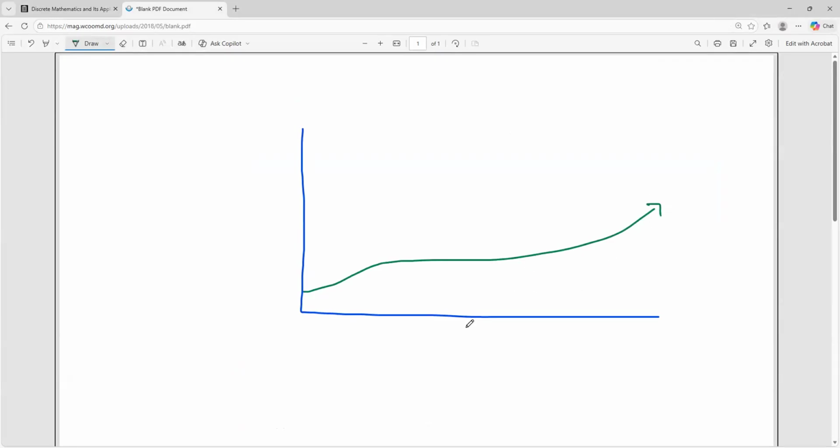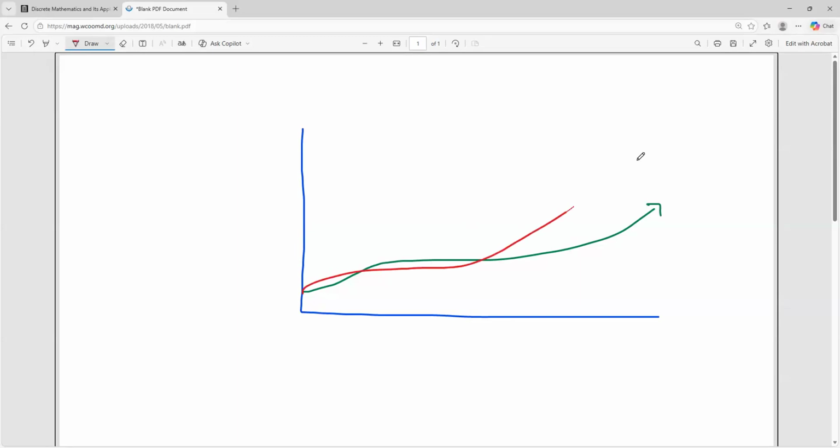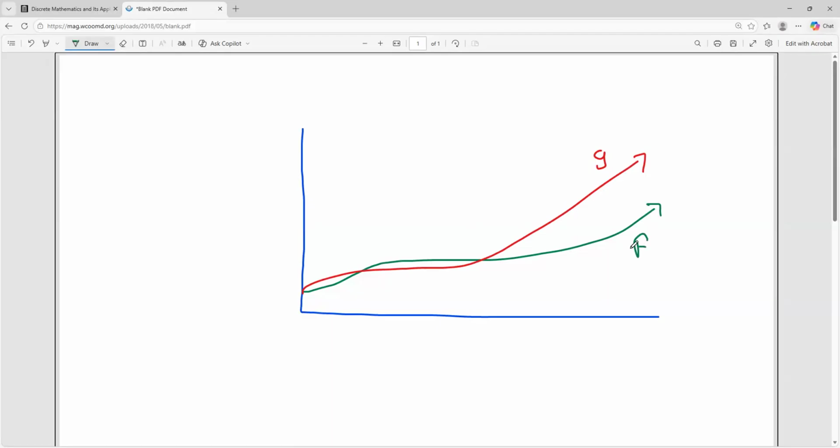There's a notion in computer science and mathematics called big O notation, which is we want to bound the function. In this case, we want to say that this function doesn't grow farther than the red function. So green doesn't go farther than red. So let's say this is g of x, and the green is f of x. Think of it as an upper bound.